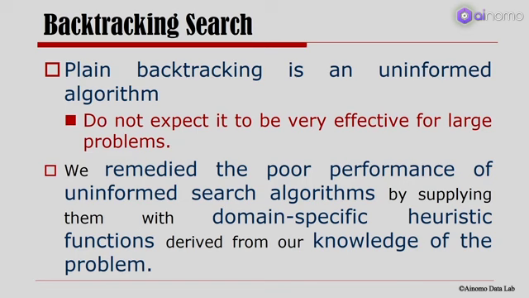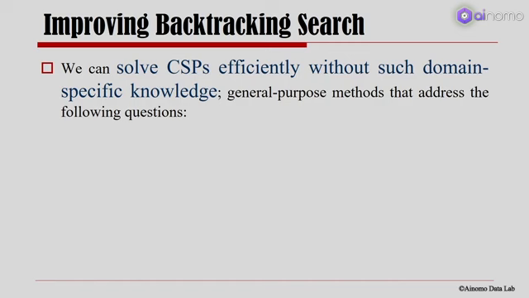But because constraint satisfaction problems have in themselves some structure or representation, we can solve CSPs efficiently without such domain specific knowledge. General purpose methods that address the following questions improve backtracking search.